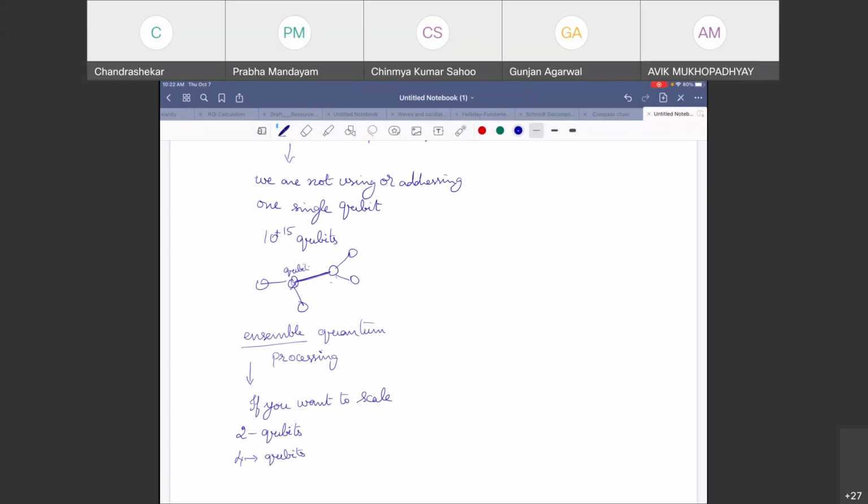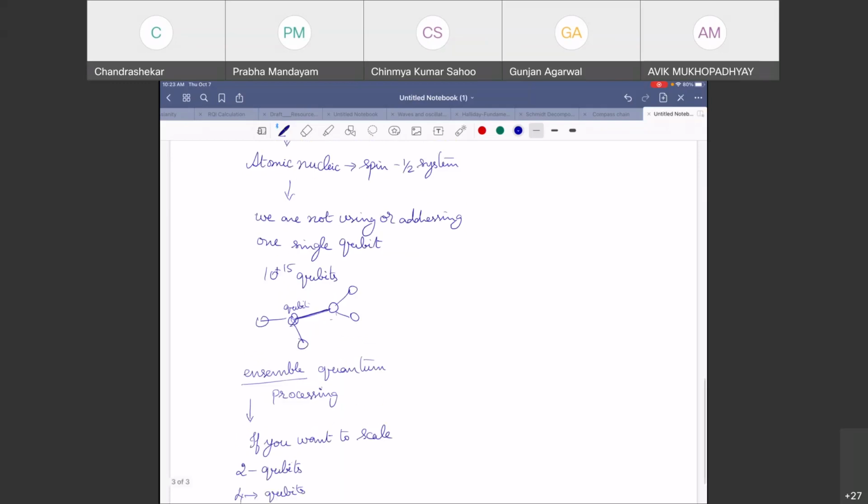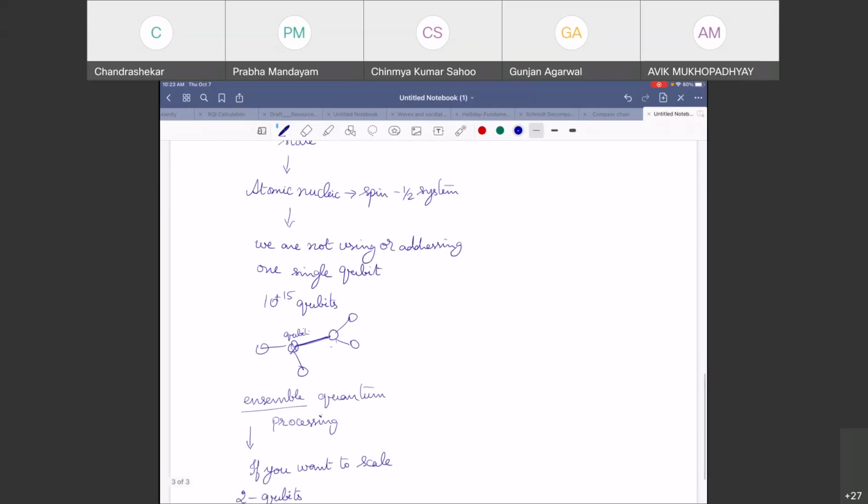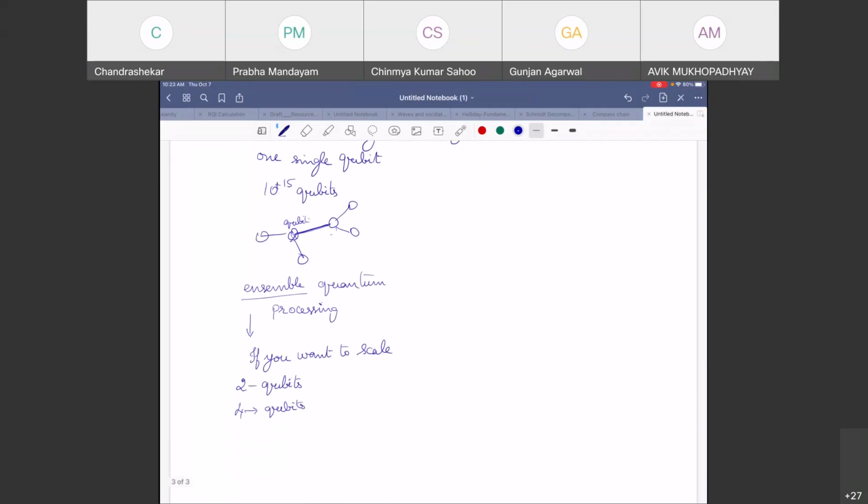When you want to do that, the amount of sample you need to increase for NMR is very high. So it doesn't scale so easily in a liquid NMR. This is one disadvantage of liquid NMR.